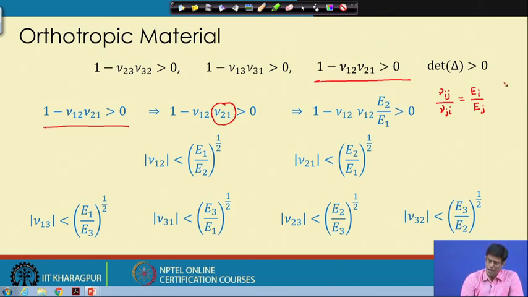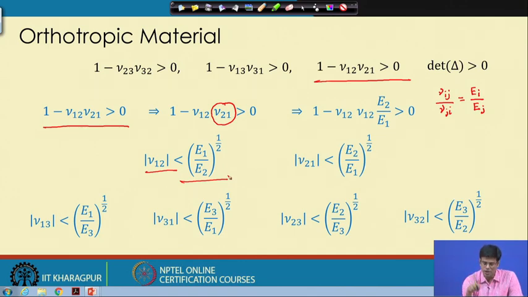If we substitute it, then this becomes greater than 0. Now, with some manipulation, nu12 squared is less than E1 by E2, and then you take the square root. So, the modulus of nu12 should be less than the square root of the ratio E1 by E2.